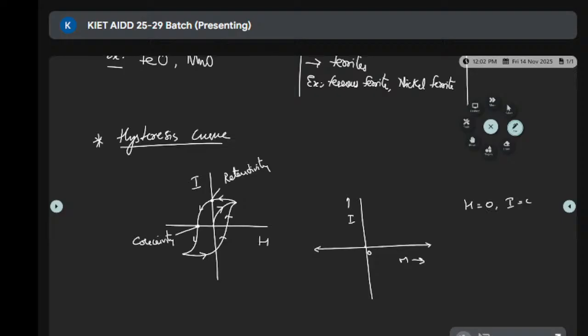Corresponding magnetic material. I want to convert it into a magnet.